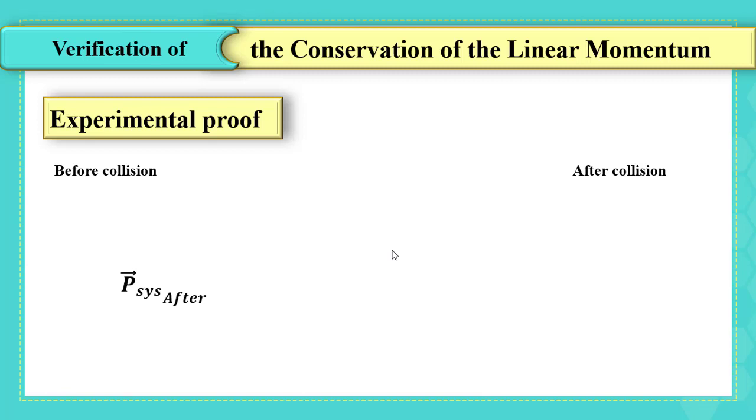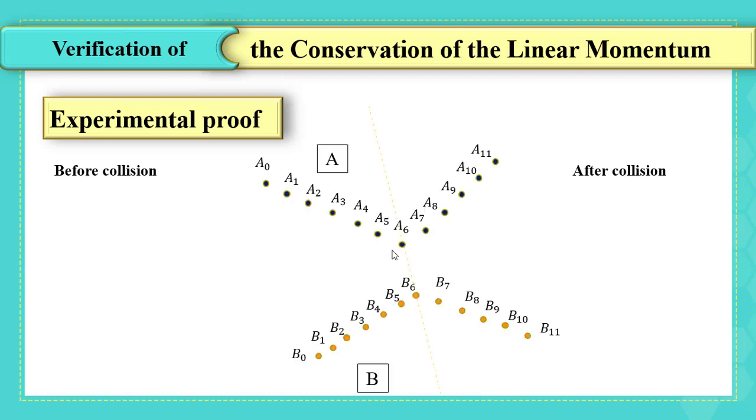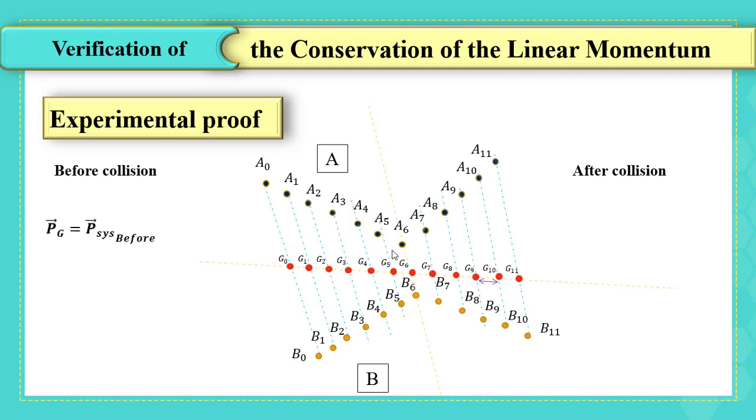To find the answer, we use the first method. We're going to join the center of mass of each couple Ai, Bi, and we're going to find that they form a straight line and the distances between successive positions are equal, thus representing a uniform rectilinear motion of the center of mass, so the vector Vg is a constant vector, where Vg is the velocity of the center of mass of the system.